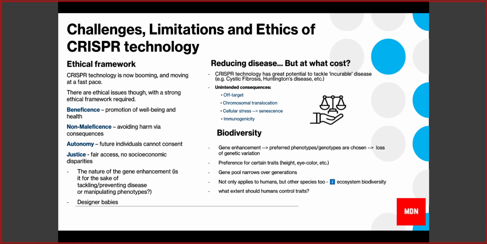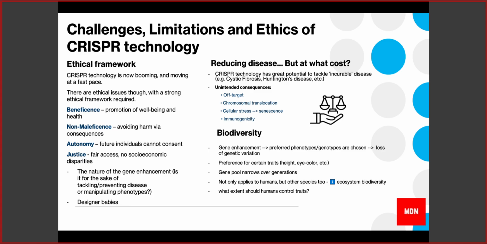And then immunogenicity. Immunogenicity is a very fancy term which just refers to the ability of a substance to trigger an immune response in the body. Sometimes the CRISPR components can be recognized as foreign, and this can cause the immune system to attack its own cells or reduce the effectiveness of the treatment, and can also cause inflammation or other adverse effects.